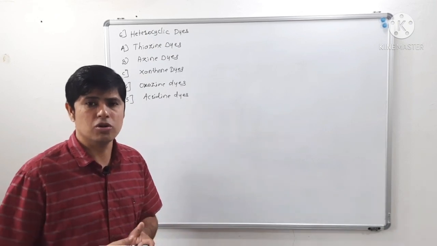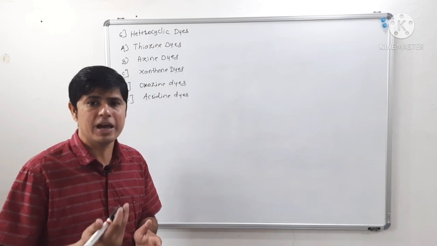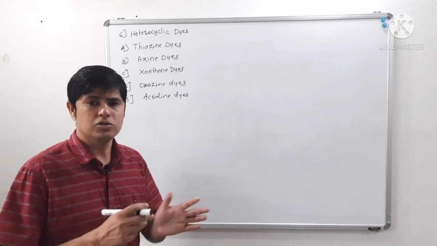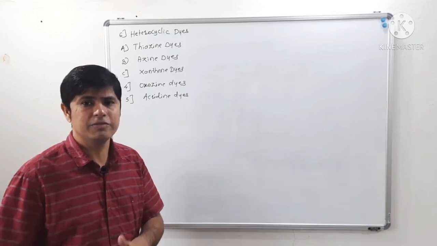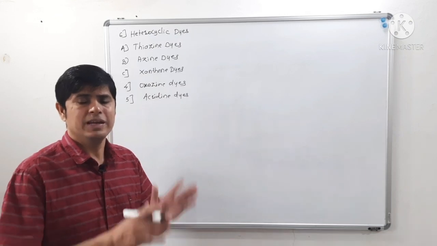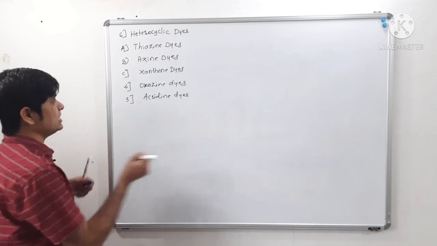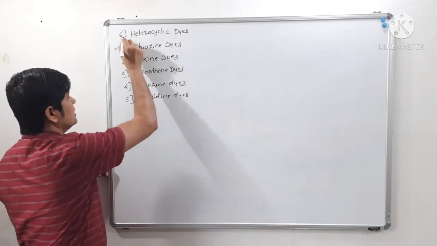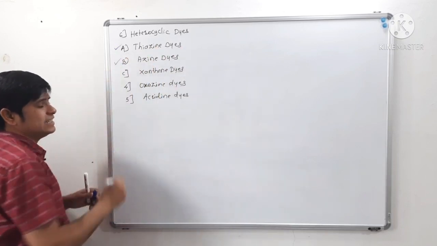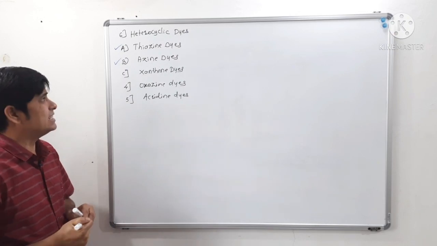And the oxochrome may be an amino group or a hydroxyl group. Now in this lecture we are going to see thiazine dyes and azine dyes.